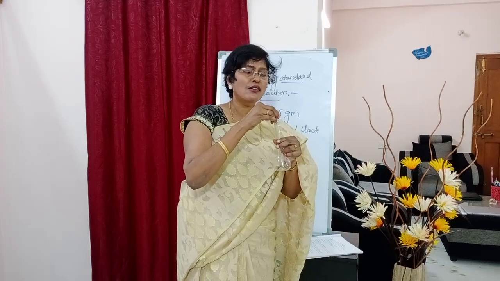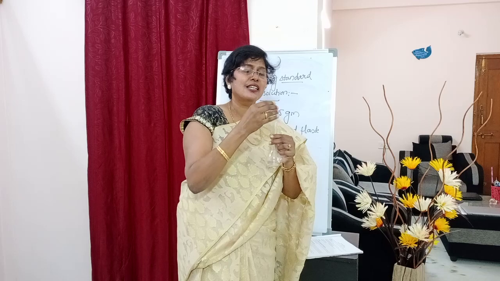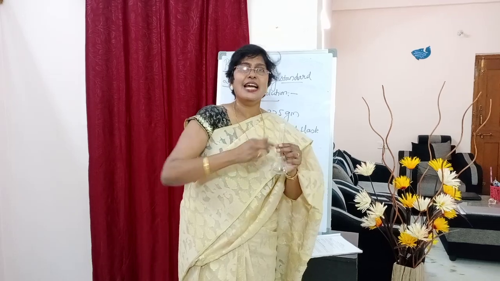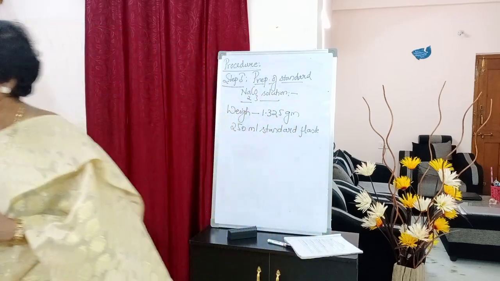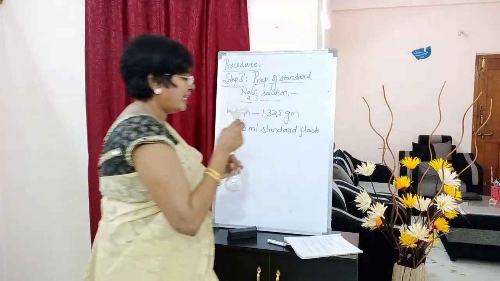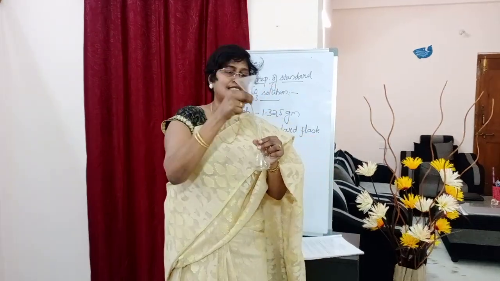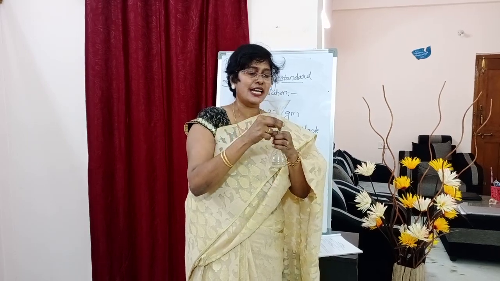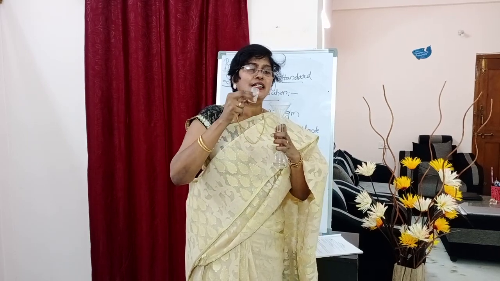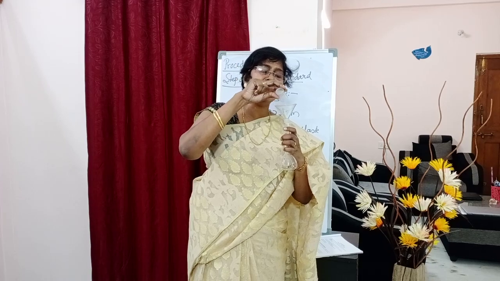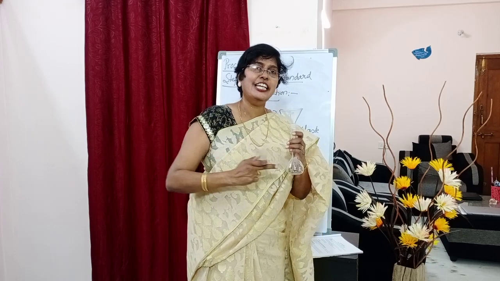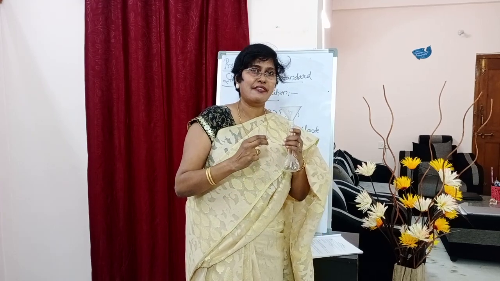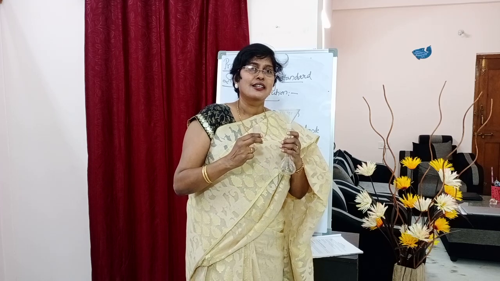Okay. So now after weighing the substance, you just remove the stopper and place a funnel over it. This is the funnel. Place the funnel over it and carefully transfer the substance through this funnel into this volumetric flask. Okay.